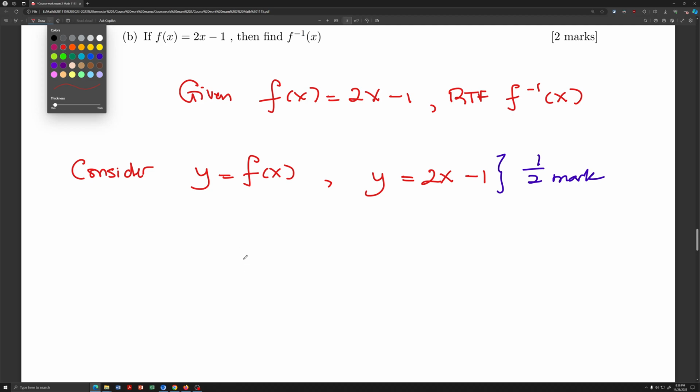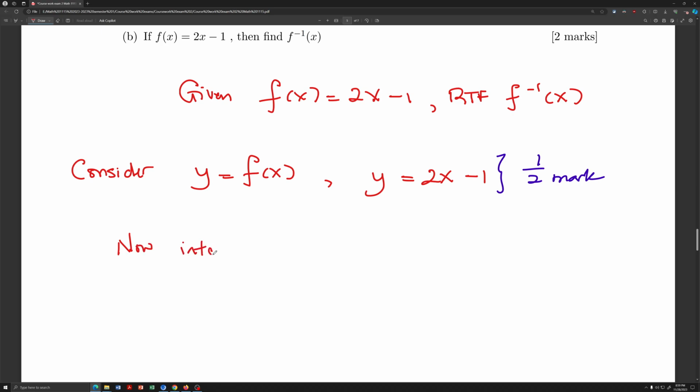Okay. Now, I need to interchange my x and y. So let me write that. So I could say now, interchanging x and y gives us, what will that give us?